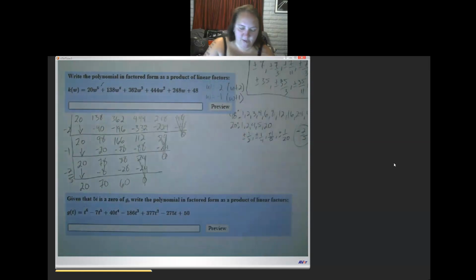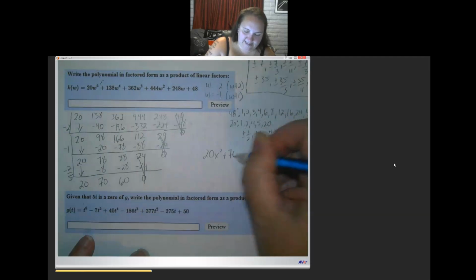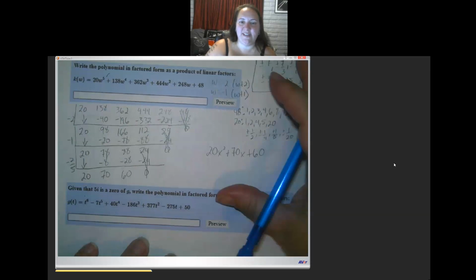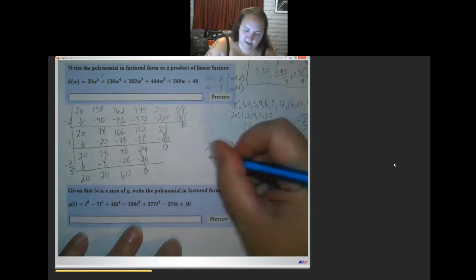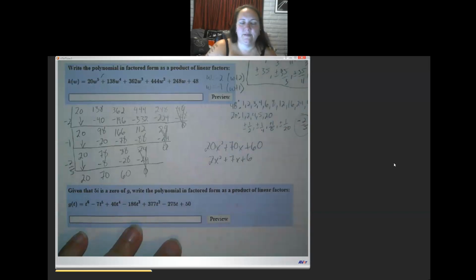Okay, so here's what I have left. I have 20x squared plus 70x plus 60. If at this step you have a GCF, get rid of it. We're going to take that 10, and we're not going to worry about it right now.